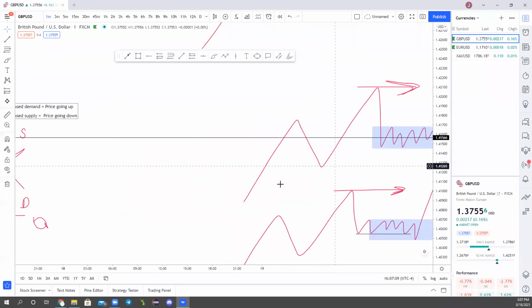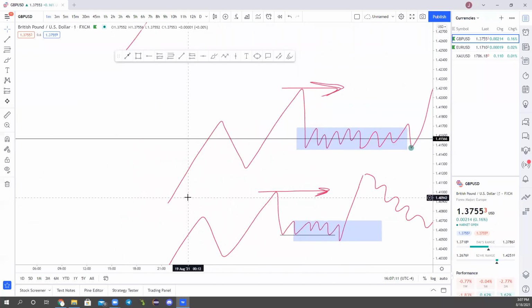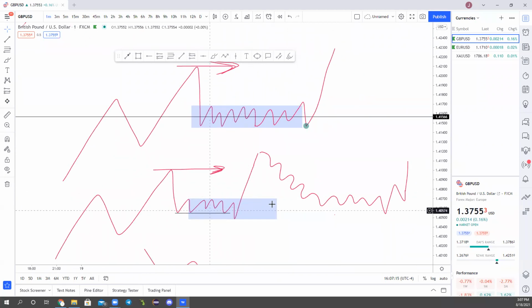So when it's represented on the charts, it's an increase in price, and you think this region caused that increase of price. This is where the demand started. And that's also why I call this the origin of the higher high. This is where the demand that increased price originated from.